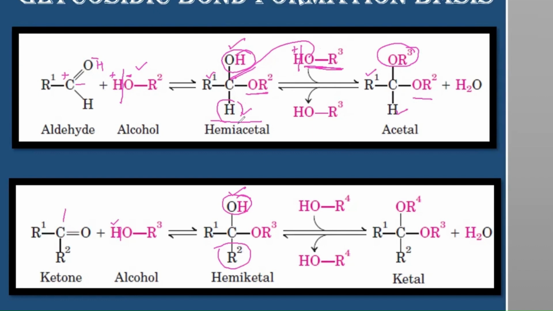If you want to see the difference between the hemiacetal and acetal, it is that a hemiacetal is associated with two alkyl groups, one directly and one indirectly, while an acetal is associated with three alkyl groups, one directly and two indirectly through ether formation.